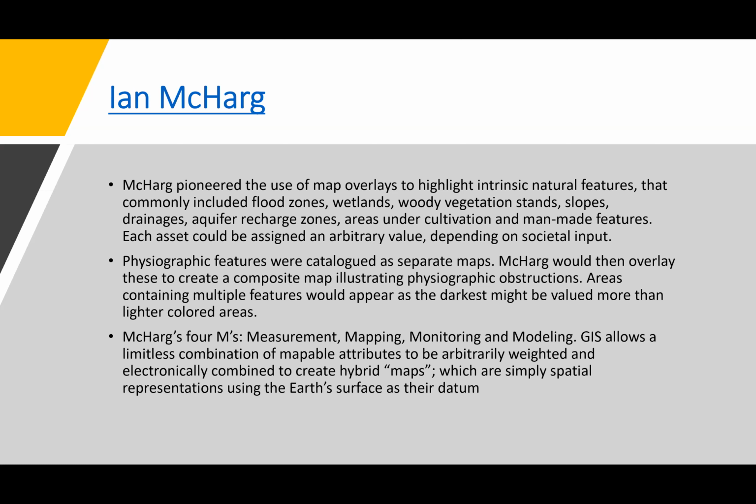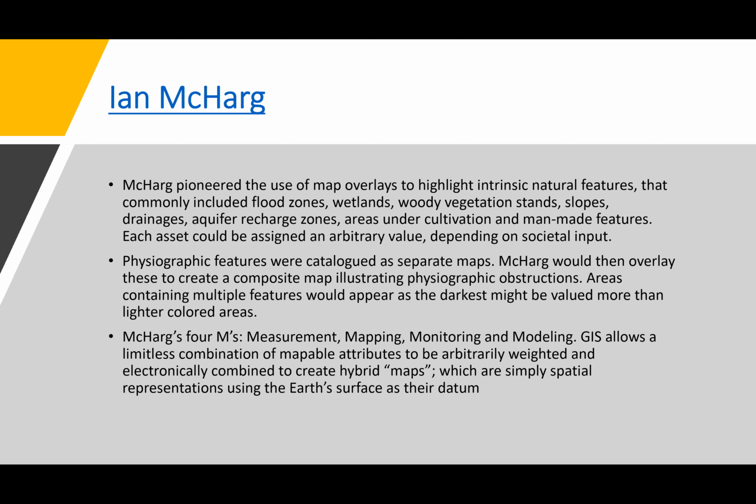And McHarg came up with the 4 M's: measurement, mapping, monitoring, and modeling. And GIS allows a combination of mappable attributes. I have never run out of space in my GIS. So when they say limitless combination, I think that's very true. It's just a matter of how much processing power you have available to you for all the data in your project.